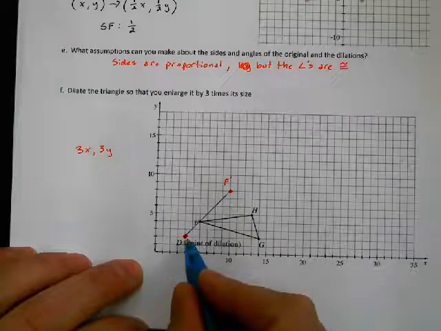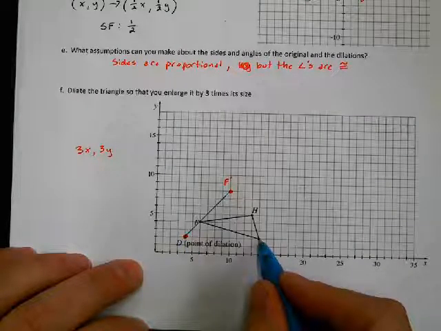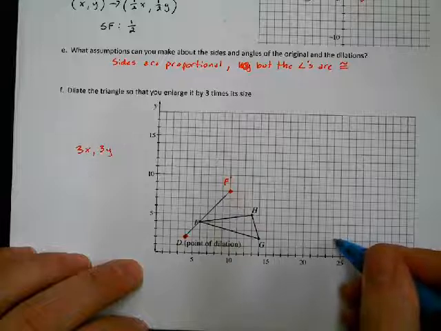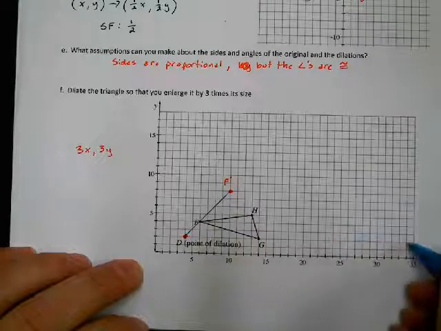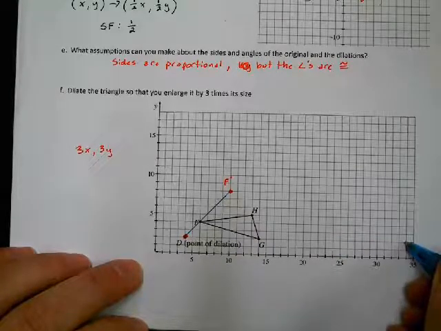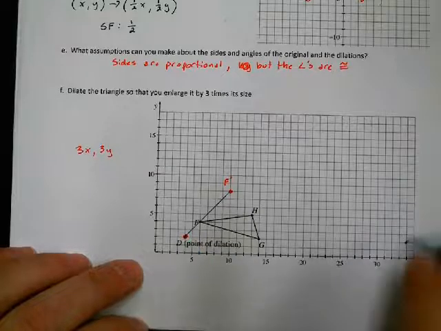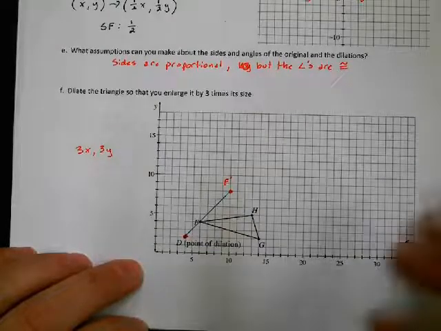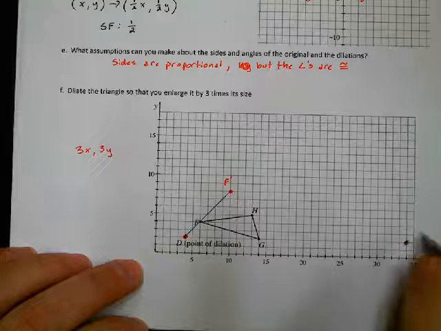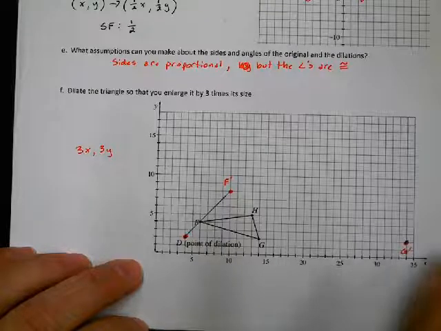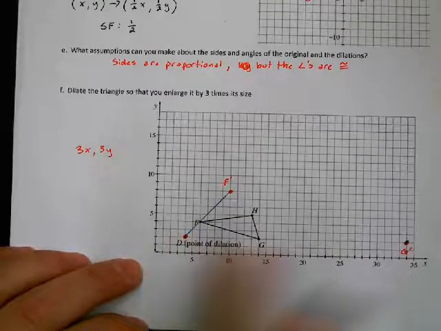So that's 10 units. And then this would be 20, and then this would be 30 right here. Because I went from 4 to 34 there. So that would be G prime. It didn't go up or down, it was just going side to side. So I just tripled that distance.